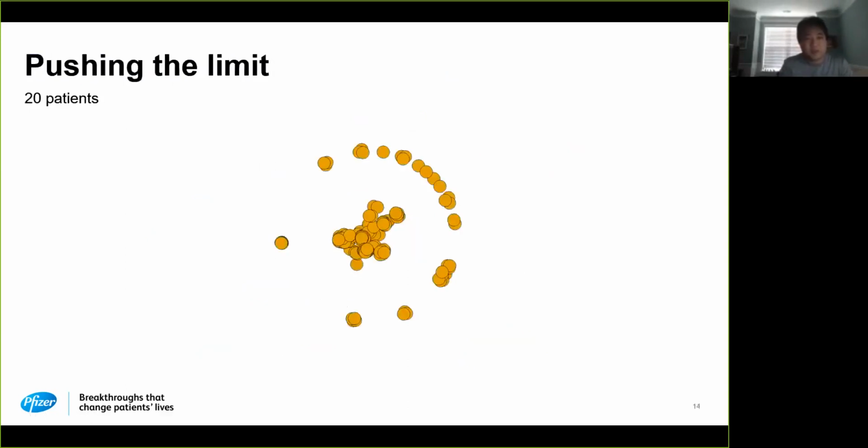Now we wanted to push the limit. Up to that point with the 10 patients it wasn't too bad, but we found that with 50 patients, it started to slow down because I was using my personal laptop, and my laptop is not so powerful. But with the 20 patients, we start to see this.